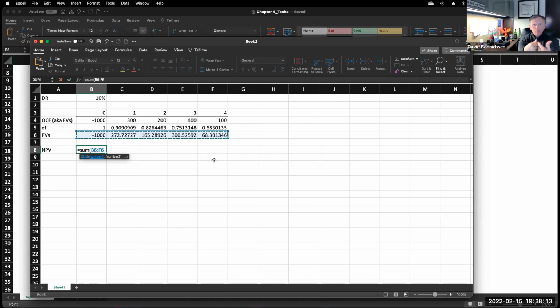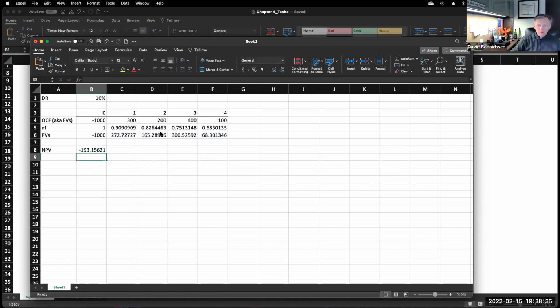In return for the $1,000 of cash outflow, the project will deliver some stream of future values that we bring back into today's dollars at the required rate of return. In the case of this little example, we actually have a negative net present value. The project's present value is only $807.